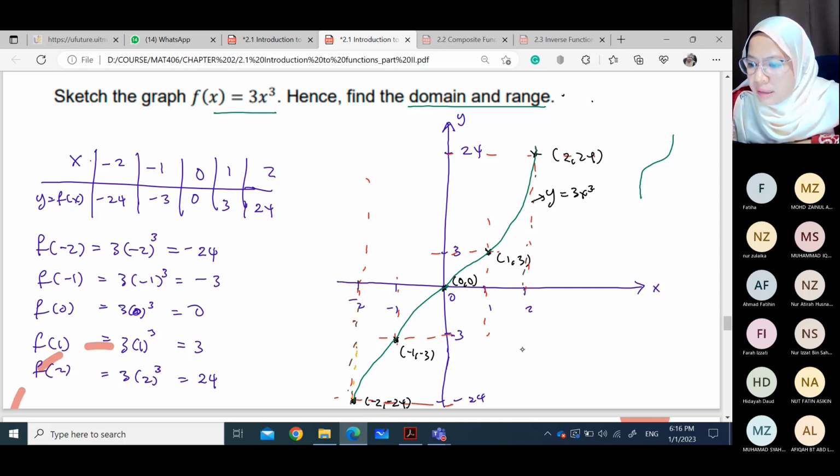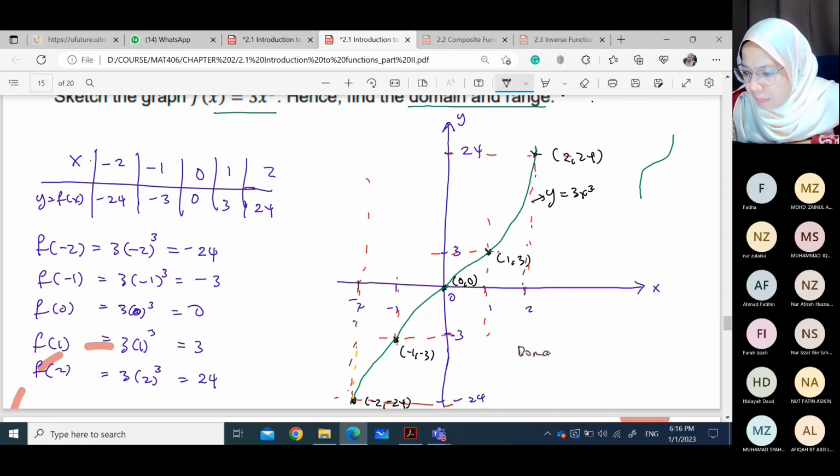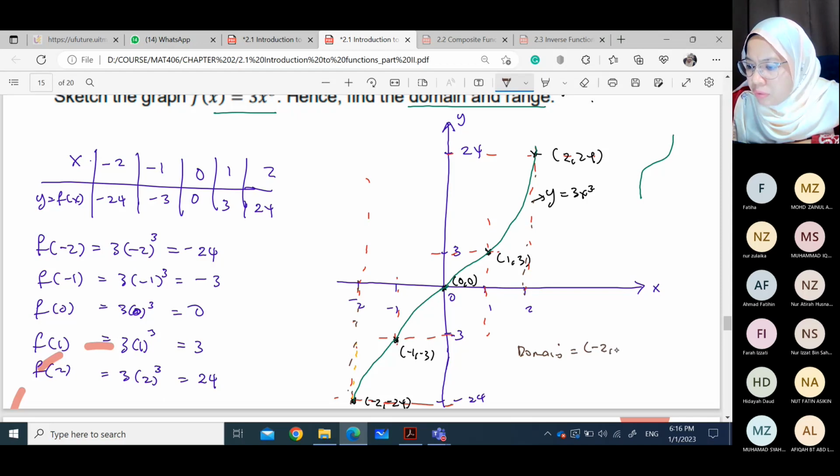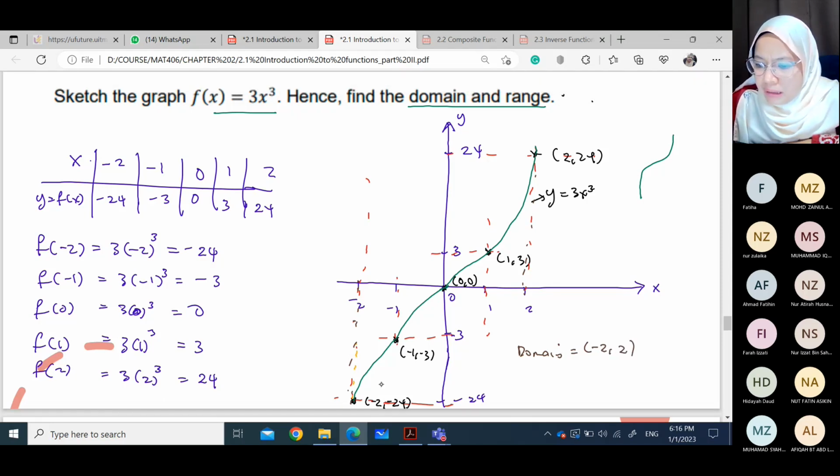So kita boleh statekan the domain. The domain is negative 2 to 2. Domain dia daripada negatif 2 ke 2. Kita gunakan square bracket sebab negatif 2 tu termasuk dan juga 2.